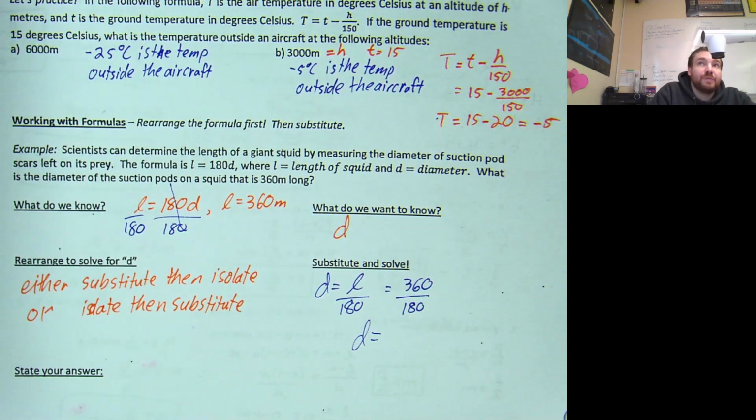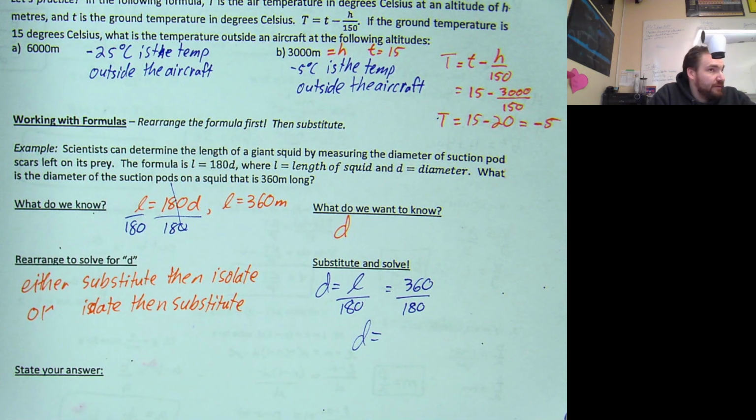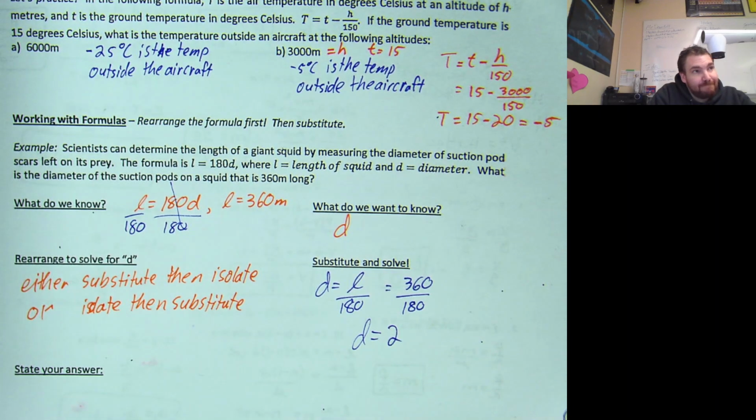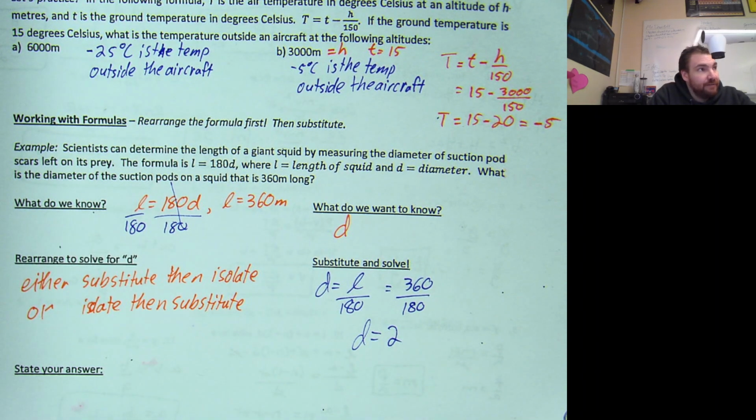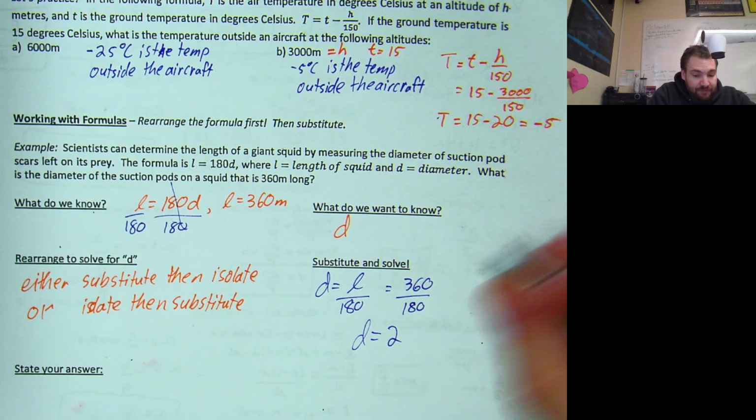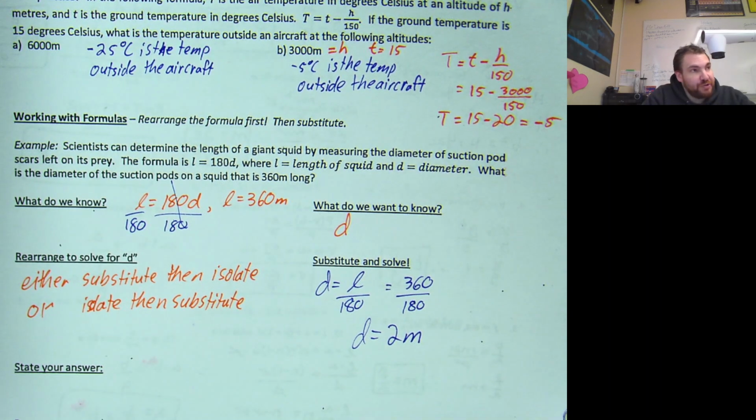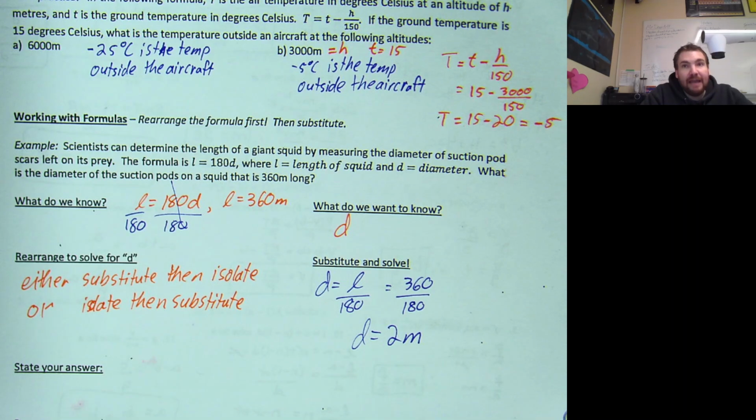So D then equals what? The diameter here is 2 what? What are the units? Meters. So what they're saying is if the squid was 360 meters long, 3.5 football fields, it would have suction cups that were circles this big across.